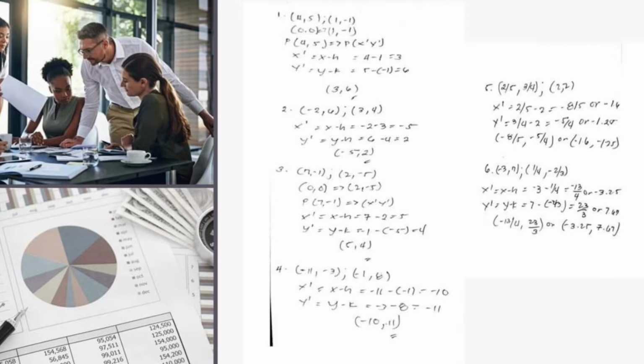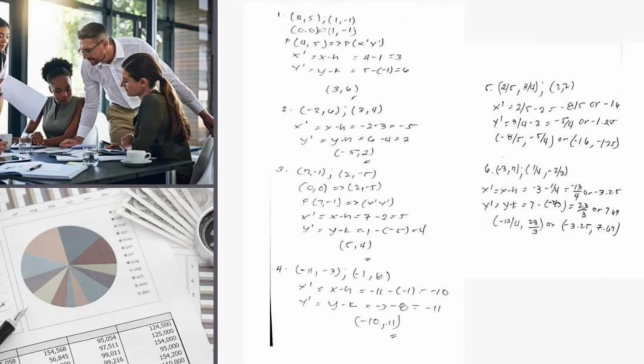We have also another example here. P is (-2, 6), and theta is (3, 4). How to solve for the P prime? We have here a formula for the x prime, which is x minus h.